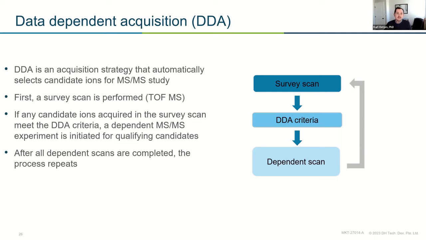Do you see a certain isotopic ratio? Maybe you're looking only for chlorinated things. That's a pretty specific isotopic ratio, and you want to only collect MSMS data on those things. Or what is most commonly used, and honestly, probably 99% of the time, is an intensity. If this compound is above a certain intensity, then I want you to fragment it. I want you to perform some sort of MSMS experiment on it.